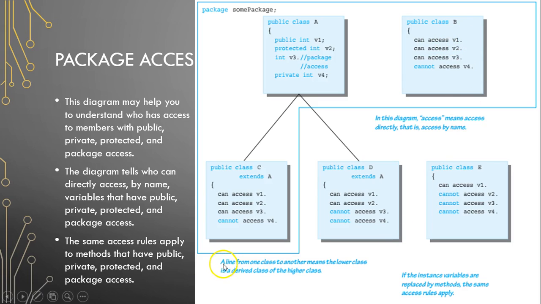This note says a line from one class to another means the lower class is derived, which is already mentioned. So A extends to C and D. And if the instance variables are replaced by methods, the same access rules apply. Right now in this example we use variables, but if we were to switch those variables out for methods, like public methods, protected methods, package methods, and private methods, everything we see in this diagram for variables would apply to the methods as well.